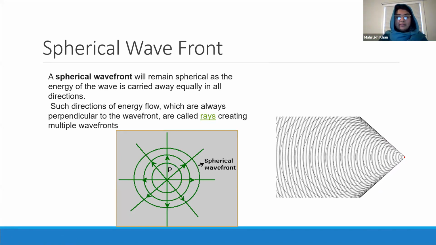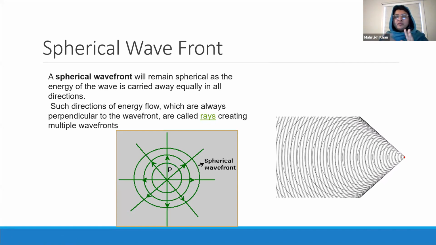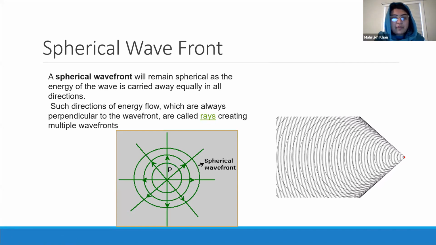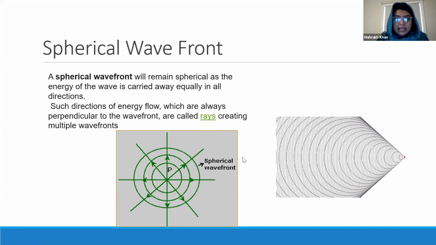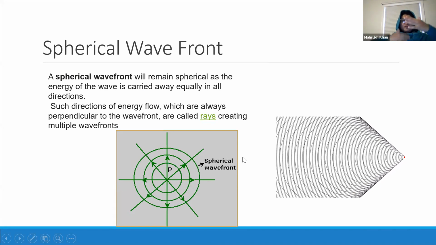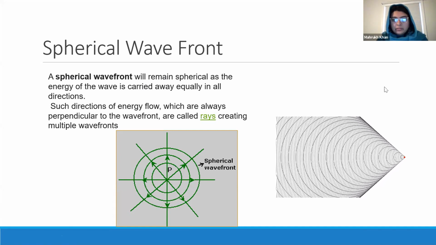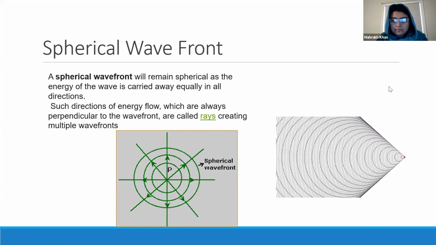But it also happens that after a certain time, if your source is too far, your spherical wavefront becomes a plane wavefront too. But in the spherical wavefront, you can see that the energy of the wave is carried away equally in all directions in the sphere. Okay, is it clear?